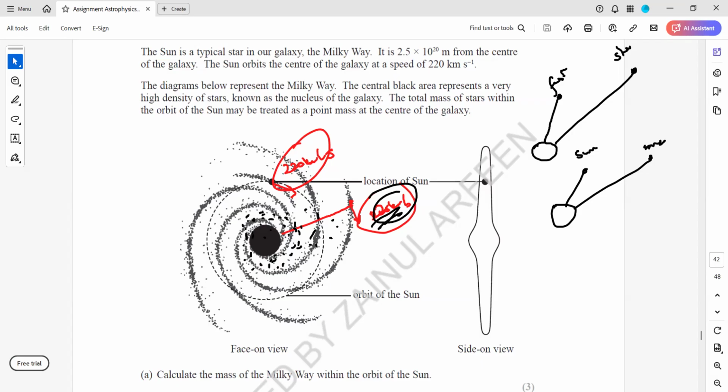Because of the existence of dark matter, which we are not able to observe directly, the mass of a galaxy might be greater than what we expect. That's why it is causing both stars to move at the same speed. Is it clear?